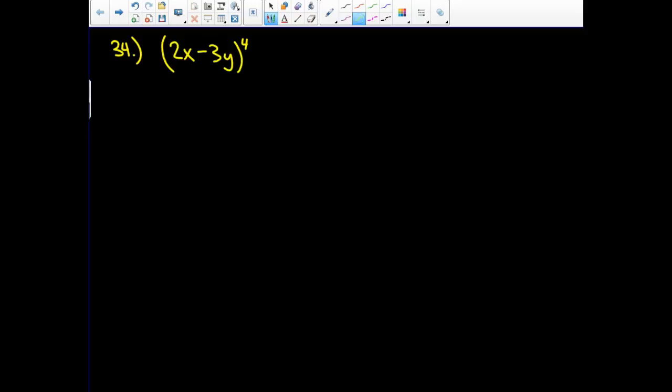So the coefficients were, if I remember, 1, 4, 6, 4, 1, right? And then it was a and b in the book, so I'll stick with a and b. From left to right, it goes a to the 4th, a to the 3rd, a squared, a, and then no a, which technically is a to the 0, right?